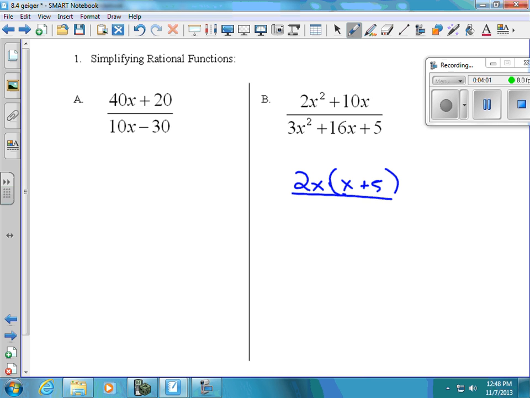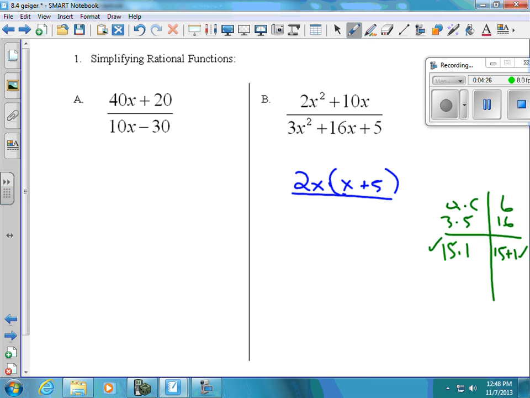And on the bottom, well, that's a different story. The denominator, we're going to use bottoms up on. So a times c, what adds to make b? That's 3 times 5. What adds to make 16? Well, 3 times 5 is 15. What multiplies to make 15 and adds to make 16? Well, 15 times 1, 15 plus 1, they work out for both columns.